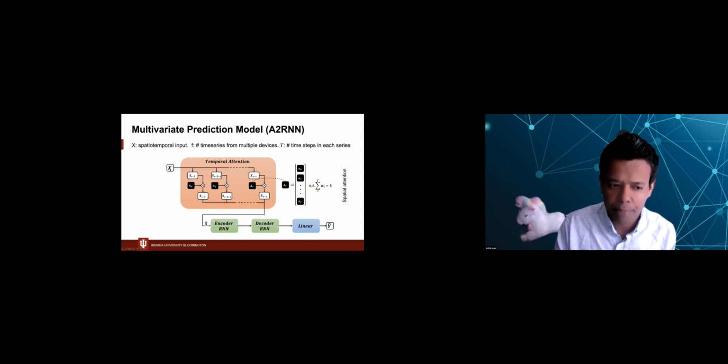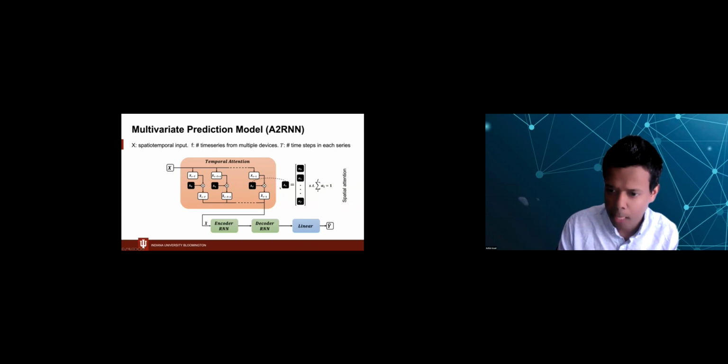So if we break this signal down into T time steps, we are noting them in this way. So you have a T time step signal here. And also, since we have F possible devices or F time series that we are considering, we are applying some attention mechanism here. So if I have F different time series, I have F attention scores.